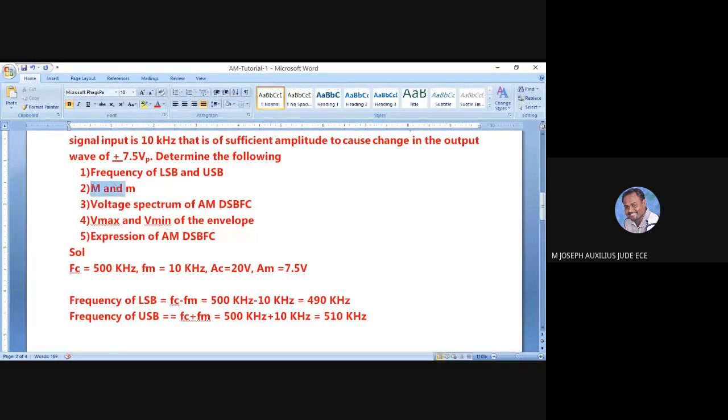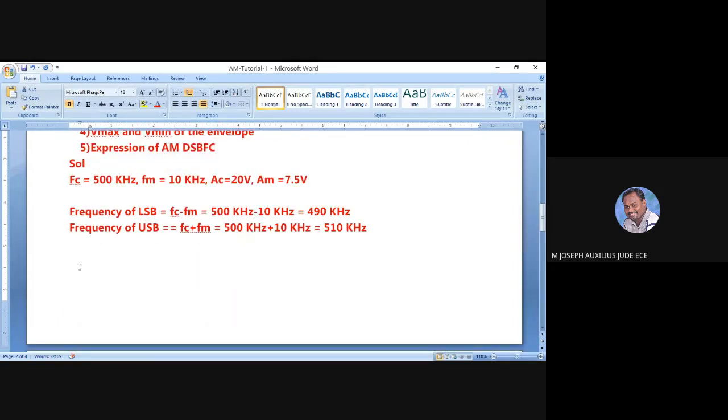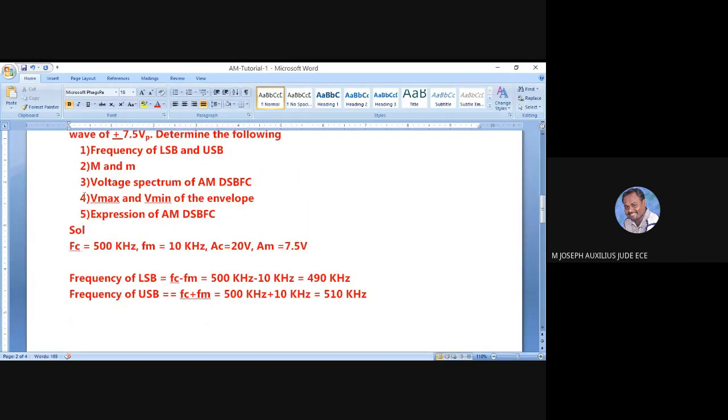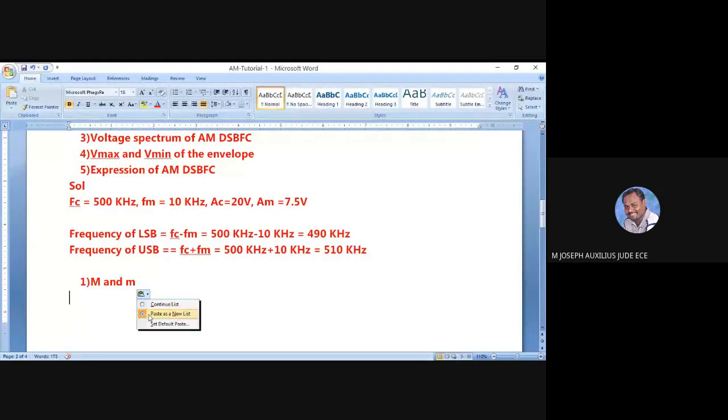The second thing they have asked is to find out the modulation index. The small m is the modulation index. The capital M is the percentage of modulation. So the first solution is done. For the second, you are asked to find M. What is small m?